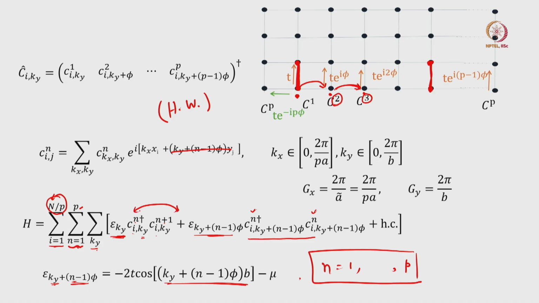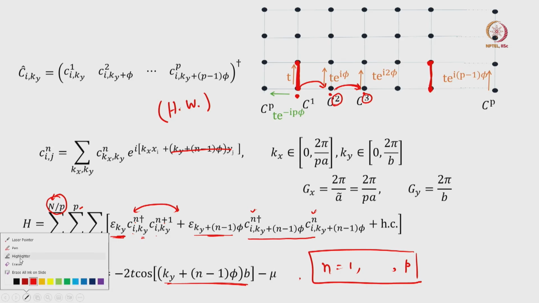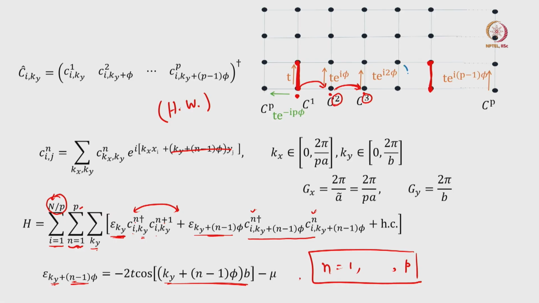Whereas along this direction, these are going to be in the diagonal. Now, what we do is that we make a matrix.